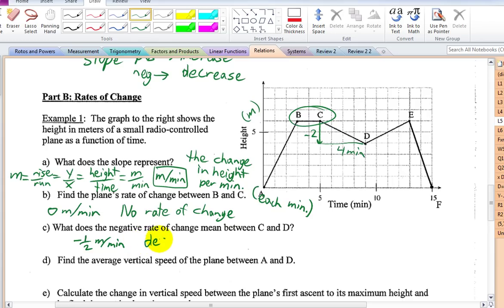So it means you're descending. And specifically it means you're descending 1 meter every 2 minutes. Okay? So you're going down by a rate of 1 meter per minute. Sorry, 1 meter per 2 minutes.